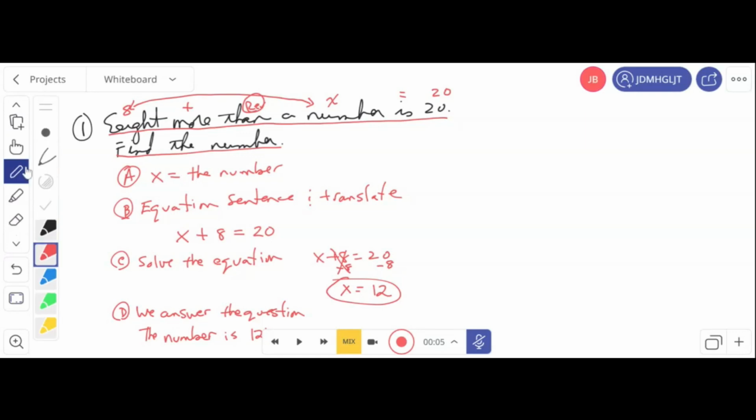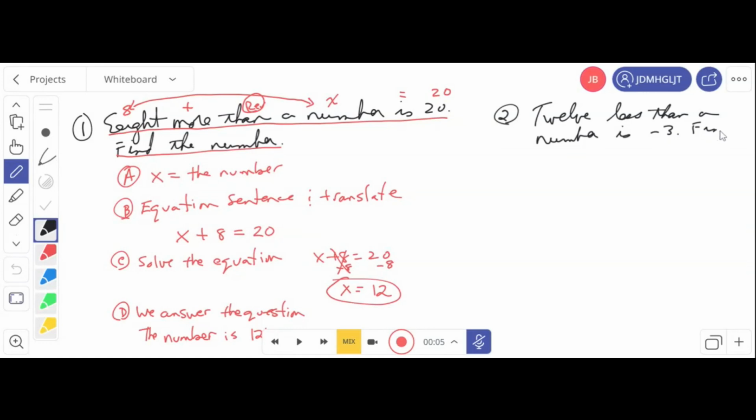All right, let's look at number 2. Problem number 2 says, "12 less than a number is -3.